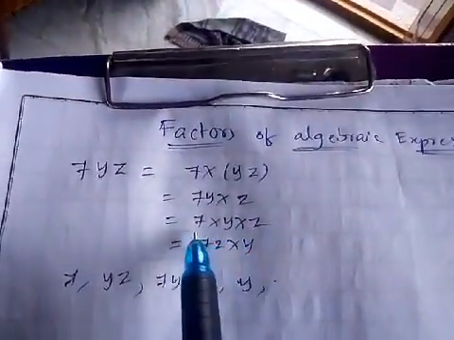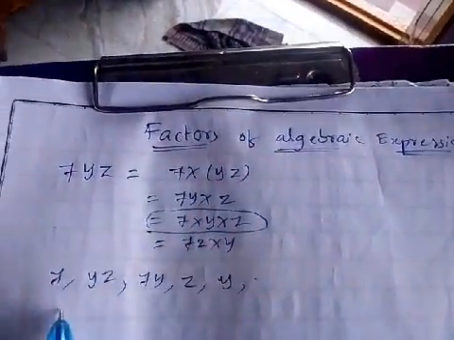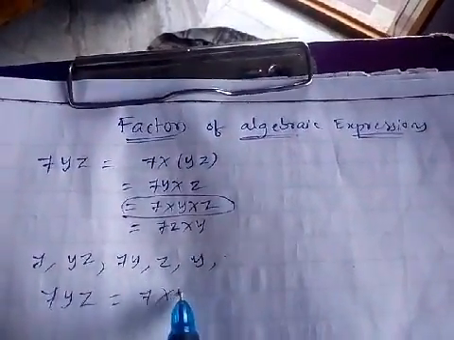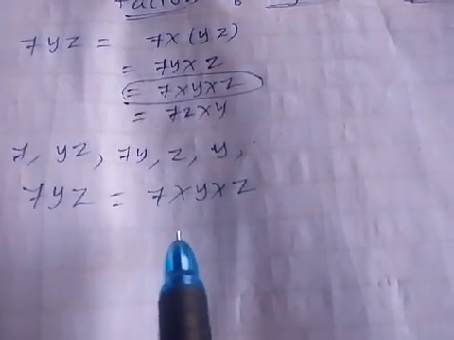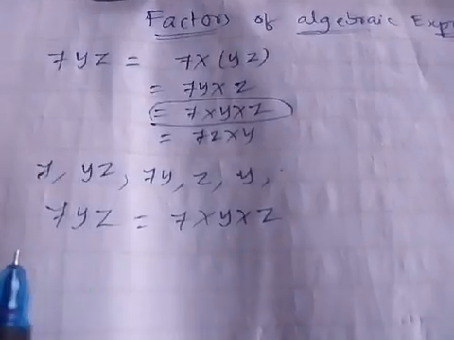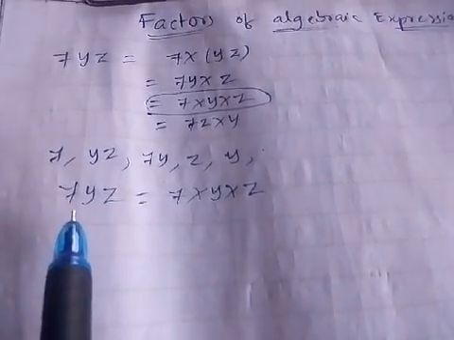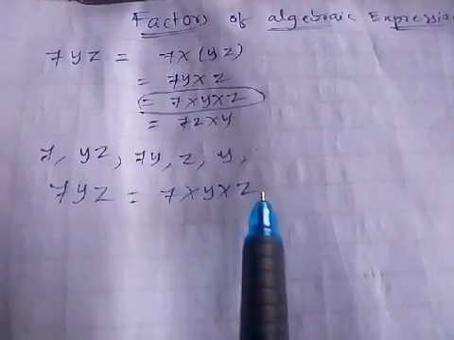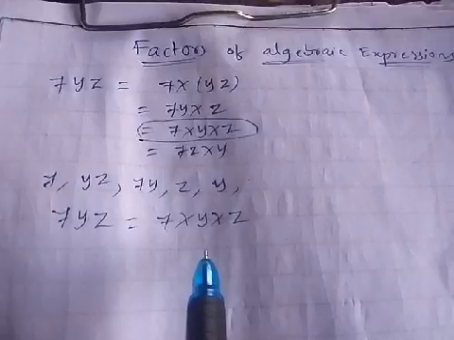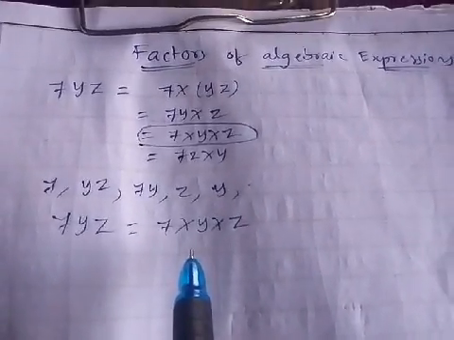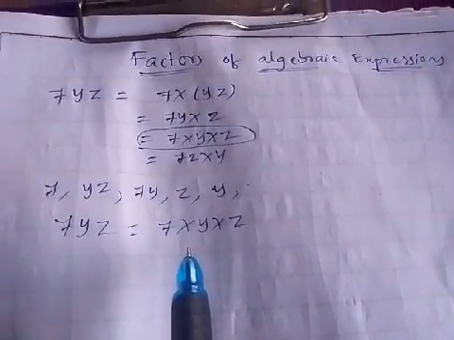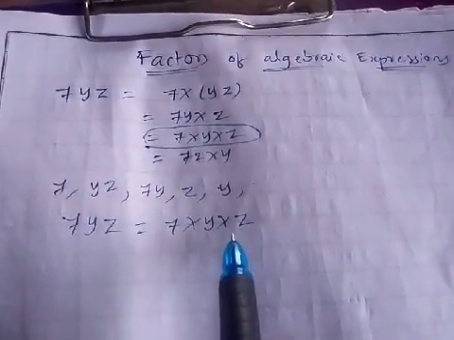But here see this: 7 into y into z. 7yz can be written as 7 into y into z. These 7, y, z are the factors of 7yz. This 7 into y into z is called irreducible factors. 7, y and z are called irreducible factors, like prime factors. Before, with numbers, we learned prime factors. Like those prime factors, here 7, y, z are called irreducible factors.